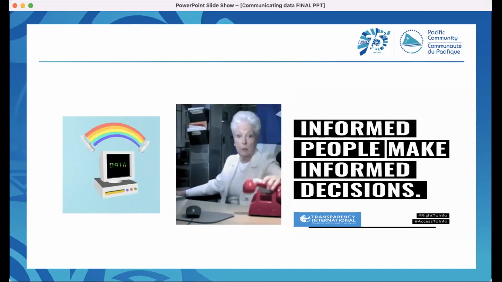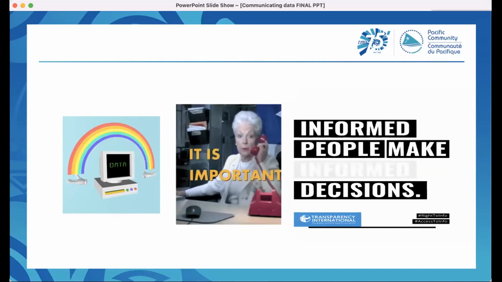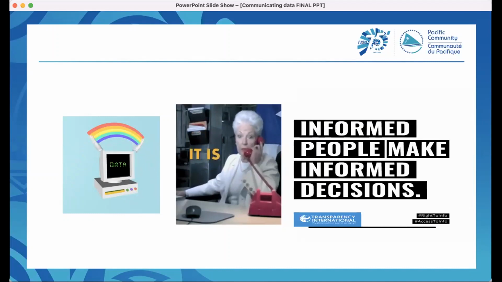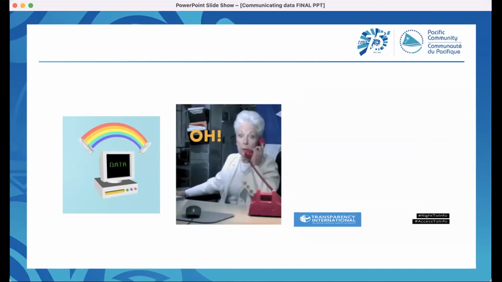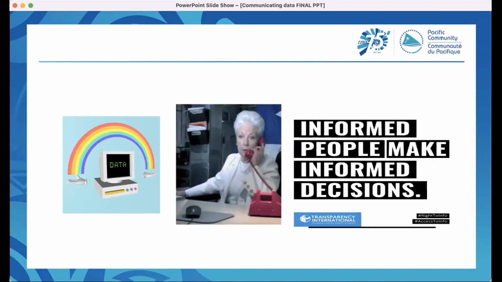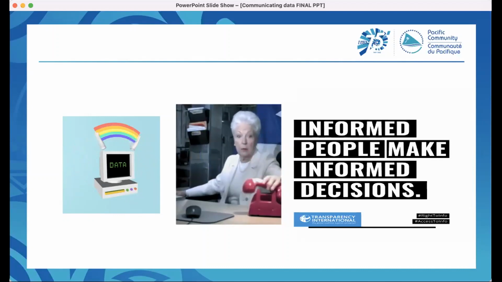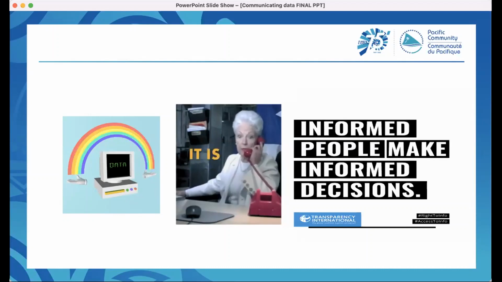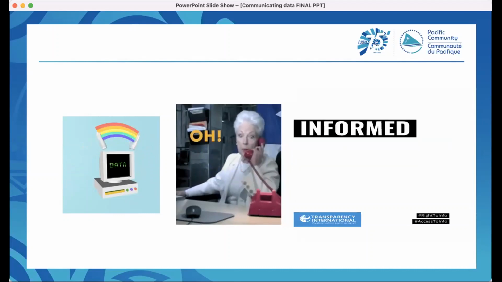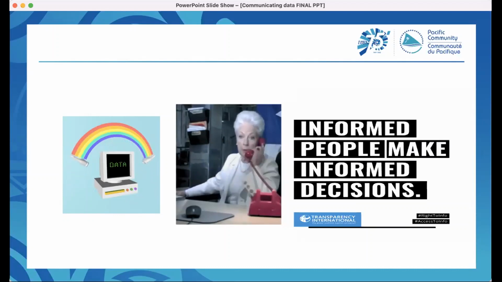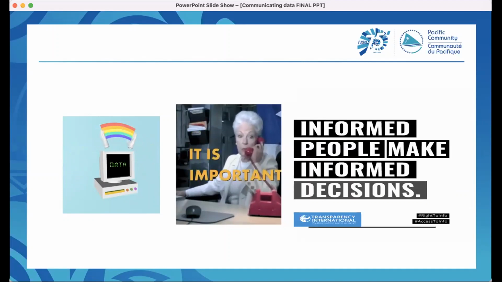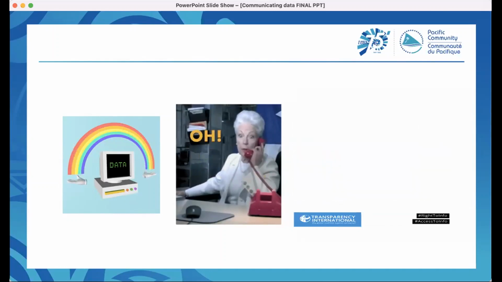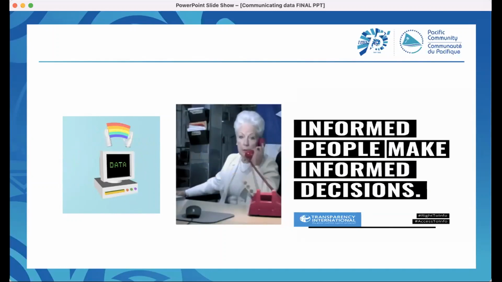It can give us a wider perspective on issues and it can help inform us and our audiences and show things for how they really are. By communicating data with stories, by disseminating our work or your work in story form using things like media releases or on social media, we're helping to keep people informed. And as this Transparency International gift says, informed people make informed decisions, which is good for us all.